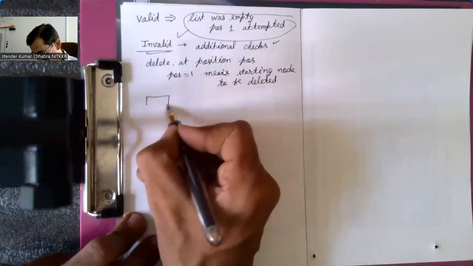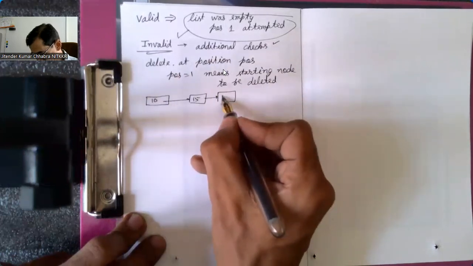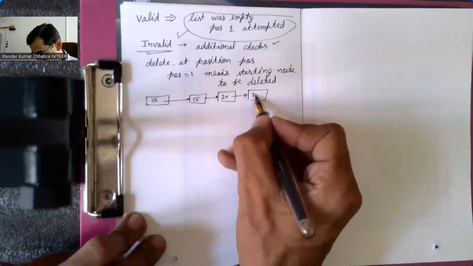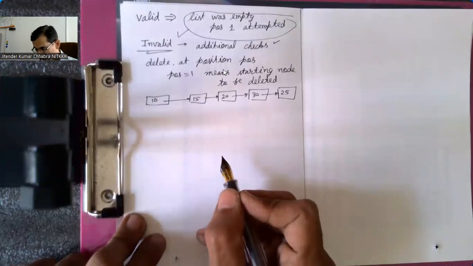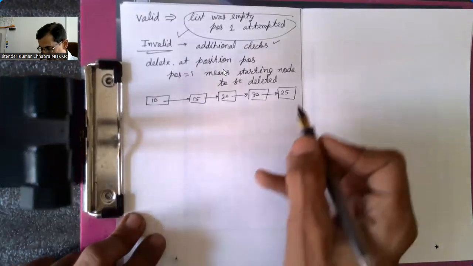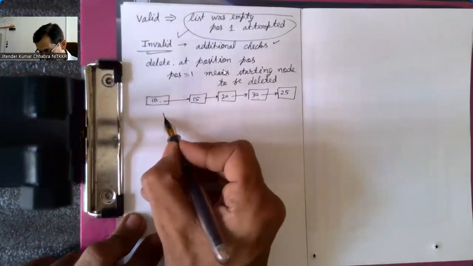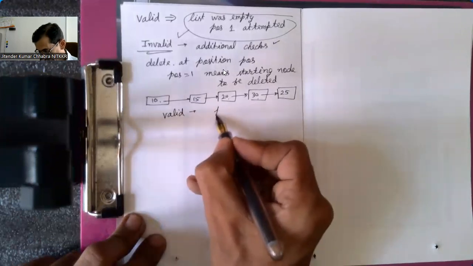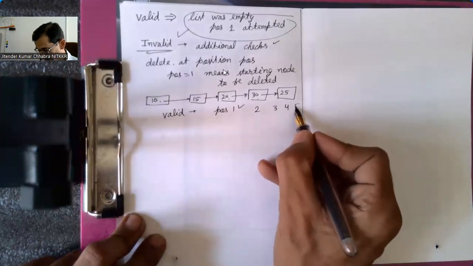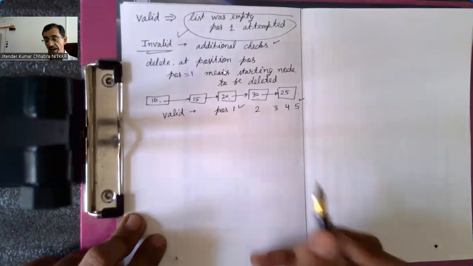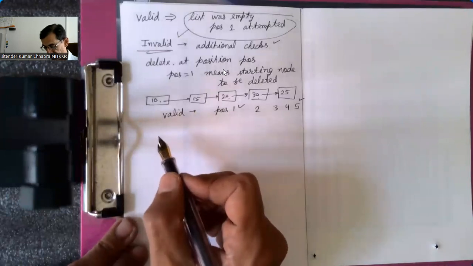If my list has values 10, 15, 20, 30, 25, then positions are 1, 2, 3, 4, 5. So my valid position will mean POS can be 1, 2, 3, 4, or 5. Any of these can be deleted. So I must write my code for the corresponding cases.